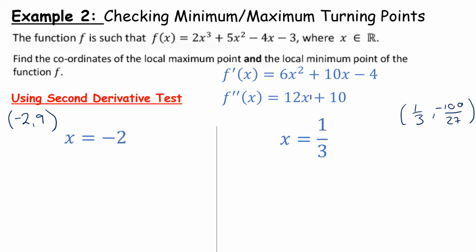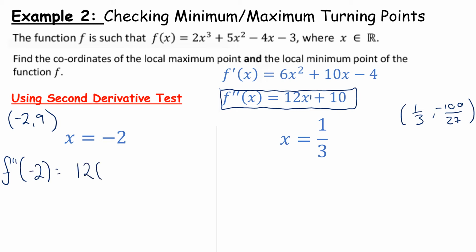And I want to check which one is minimum, which one is maximum. So what I do is I do f double dash of minus 2, which gives me 12 times minus 2 plus 10, so minus 24 plus 10. That gives me minus 14. And because that is negative, so less than 0, it means it's a max point.